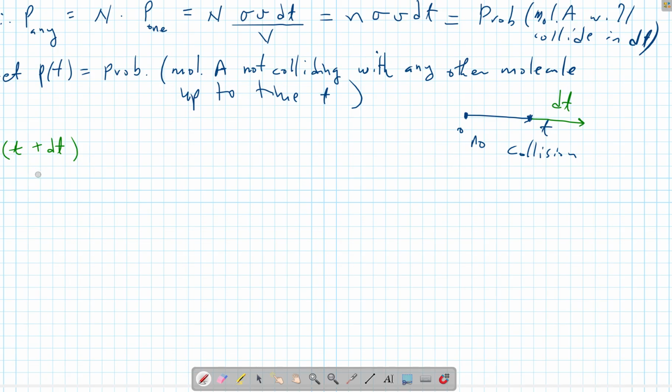Probability, this is going to be the probability that molecule A is not colliding within time interval t, and so since we have "and", it's going to be probability multiplication, and the probability that molecule A is not going to collide within the time interval dt. Okay, so this is a property of probability.